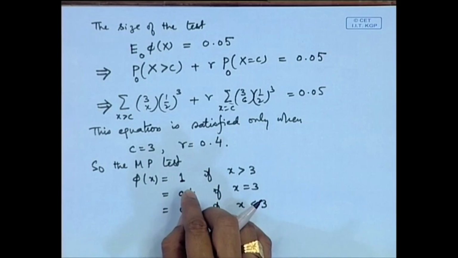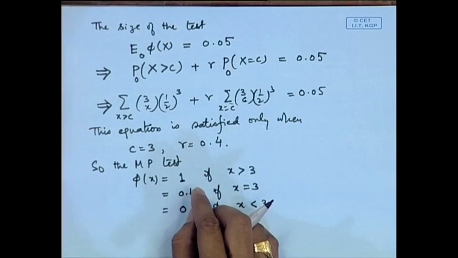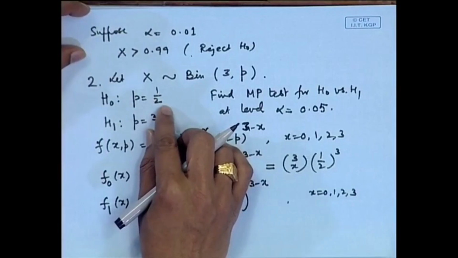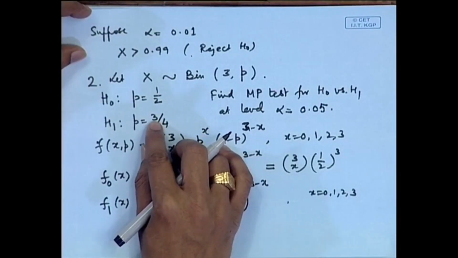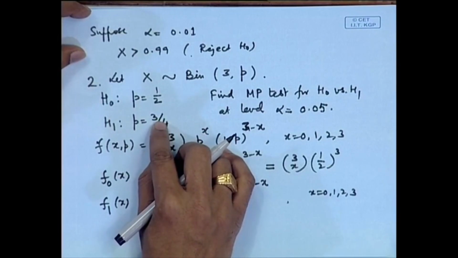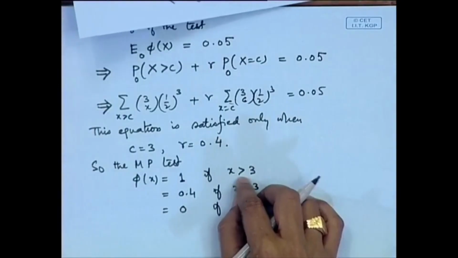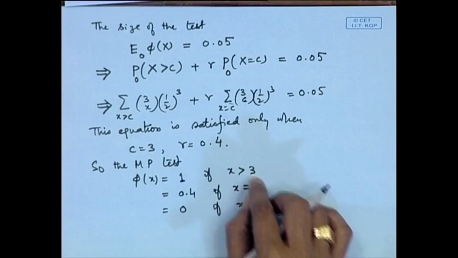So, this may look surprising, but if we see carefully, our problem was to test whether the coin is fair against whether it is biased in favor of head. We would accept the bias in favor of head if x is greater than 3 only, which is not possible.